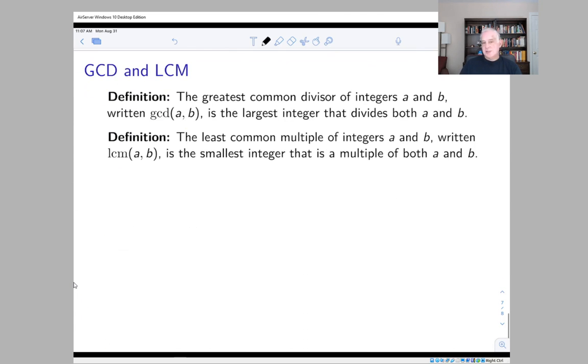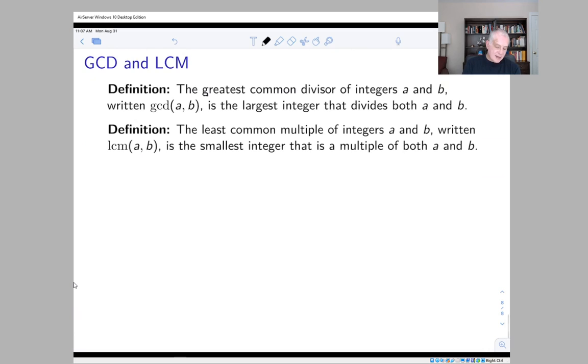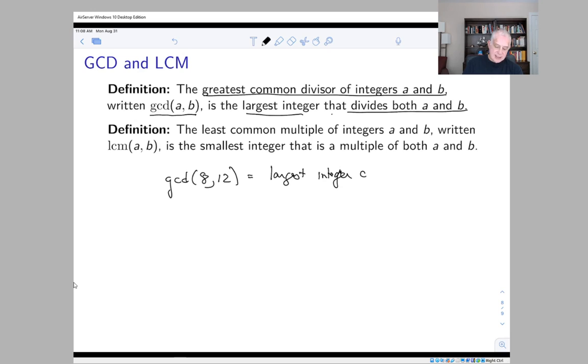And then two definitions which hopefully you've seen sometime in your life, possibly when you were learning about fractions. The greatest common divisor of integers a and b, which we write GCD of a, b, is the largest integer that divides both a and b. So the GCD of 8 and 12 is the largest integer d such that d divides 8 and d divides 12.